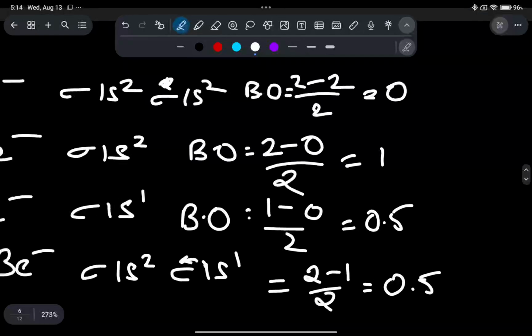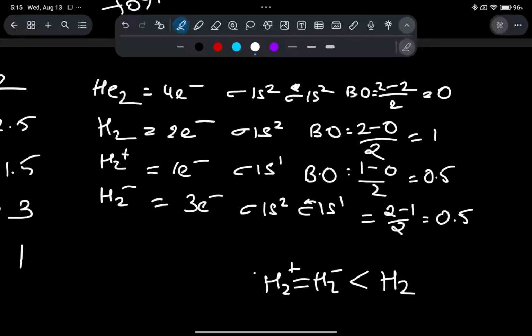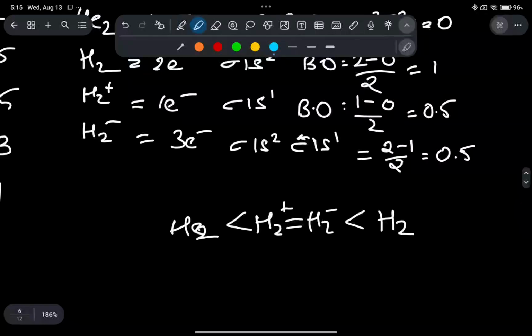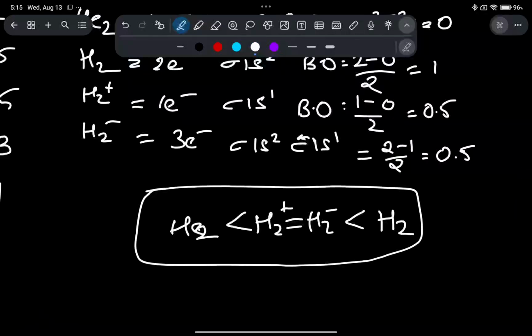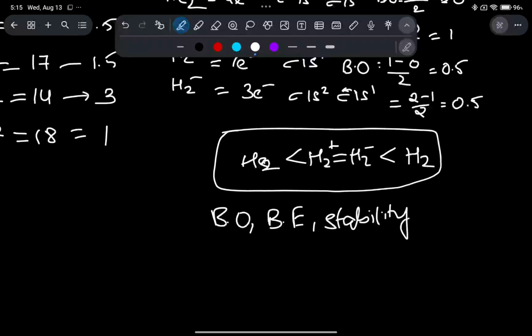Here H2 is greater, and H2 minus is equal to H2 plus, then He2. This is the order for bond order, bond energy, and stability also.